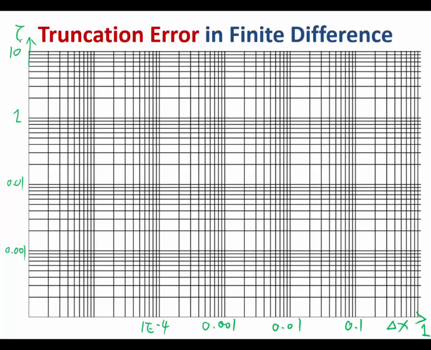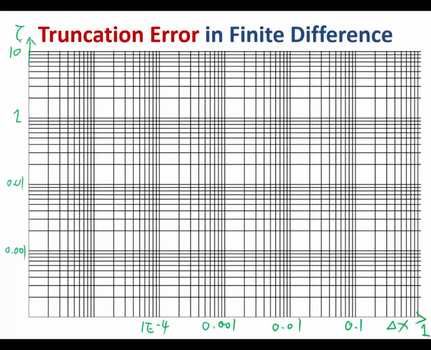So let's say if you implement this scheme and you plot the truncation error, and you find a line that goes like this. You plot one point, another point, another point, another point. It goes like this. Do you think your MATLAB code is correct?